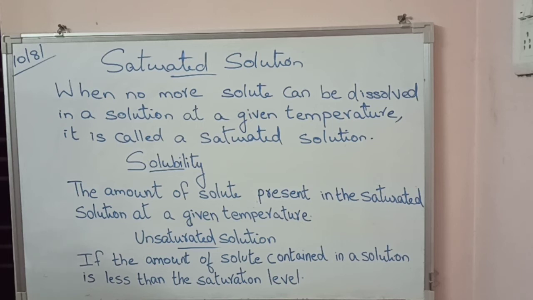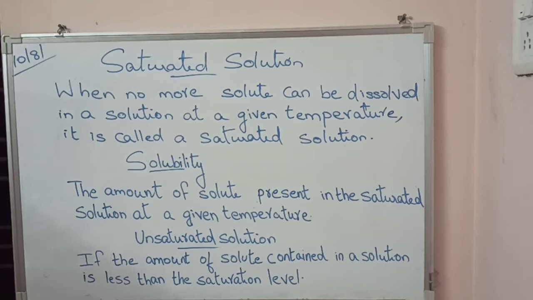Then we say that the solution has reached its saturation point. Then what is solubility? It is the amount of solute present in the saturated solution at a given temperature. Different substances have different solubilities.